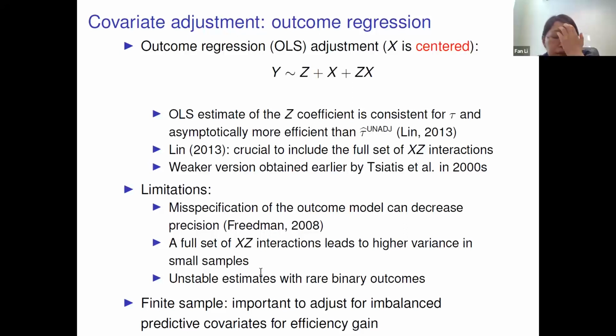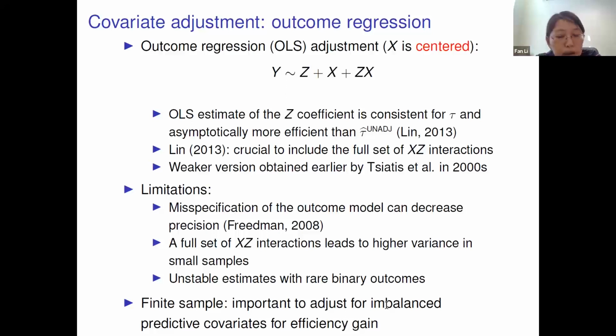So some of the finite sample practice guidance is that it's usually important not to adjust for all the covariates, but it's very helpful to adjust for, first, imbalanced and, second, predictive covariates.